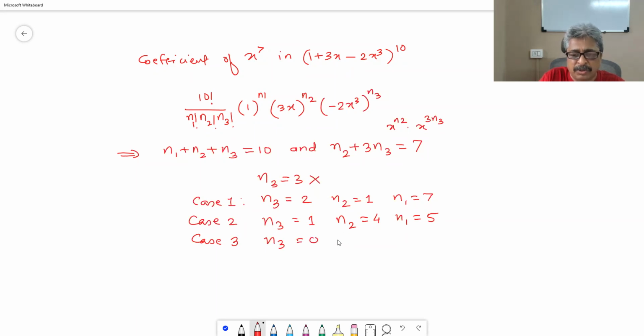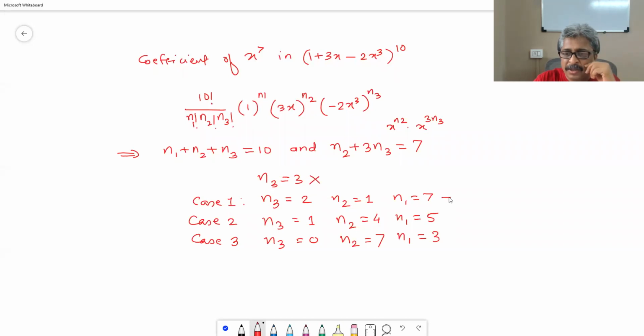If you put n3 is equal to 0, n2 will be equal to 7 and n1 is equal to 3. So these are the three different ways you can create x raised to 7. And it is not like you just do it once and get the entire x raised to 7, the way we did it in all earlier examples.